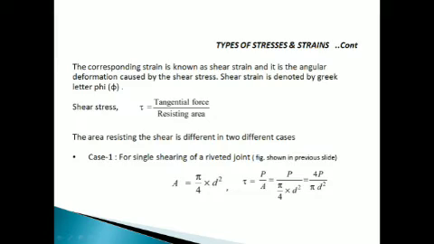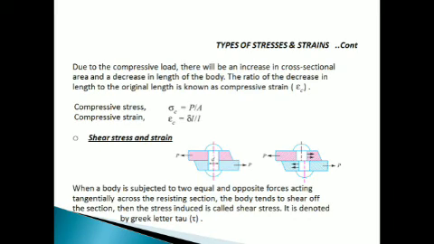As you can see in the previous slide, consider a body consisting of two plates connected by a rivet as shown in this figure. The tangential force P tends to shear off the rivet at one cross section. It may be noted that when a tangential force is resisted by one cross section of the rivet, then the rivets are said to be in single shear.